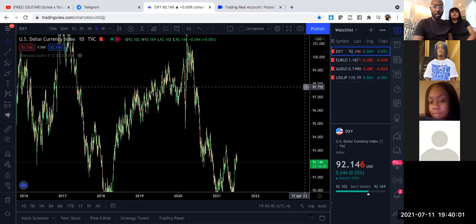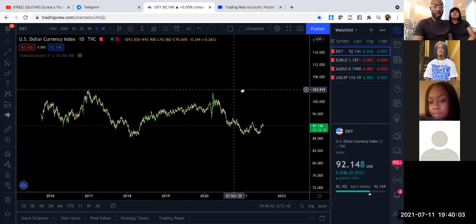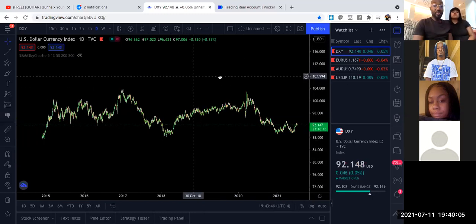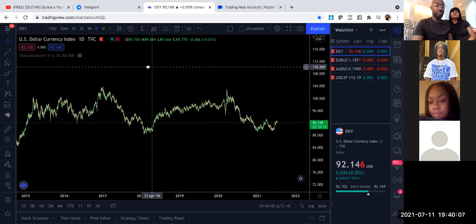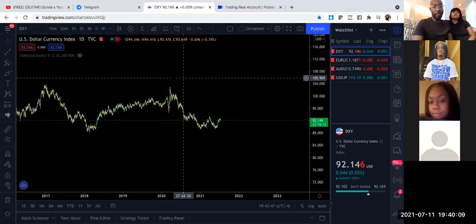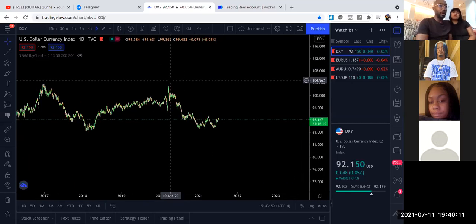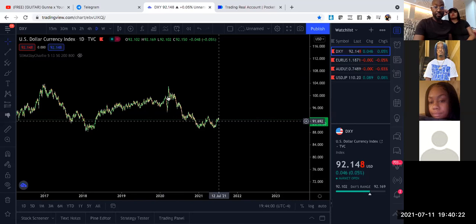On the daily time frame, they've been having a hard time trying to find what the trend is. If you've been trading Forex pairs on your binary chart, you'll notice there's been a lot of consolidation over this last couple of months.